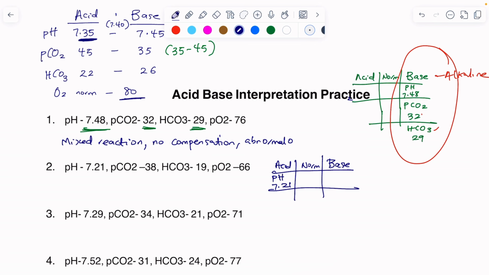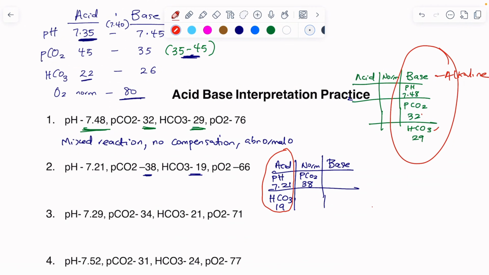Our PCO2 is 38, which is within the range here. So we'll put that there as normal, 38. And then our HCO3 is 19, which is acidic. So you want to write HCO3 19.